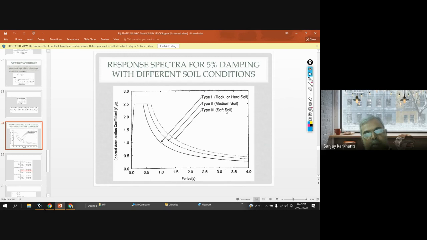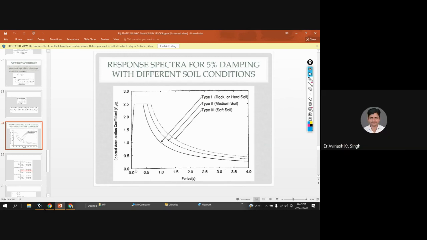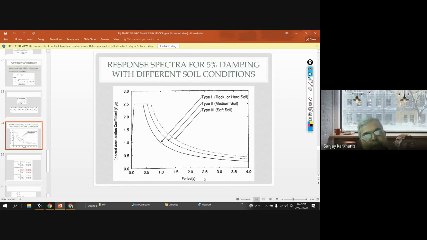Clear? Yes, sir. So this is the time period, and this is the spectra, and this is Sa by g, where Sa is spectral acceleration and g is ground acceleration. So this is a ratio, the spectral acceleration coefficient Sa by g.